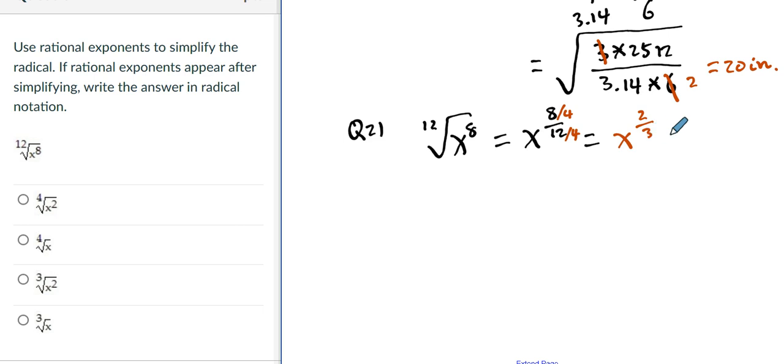And then you may write it back. It will be the cube root of x squared. Which one is that? So the third one, cube root of x squared. All right?